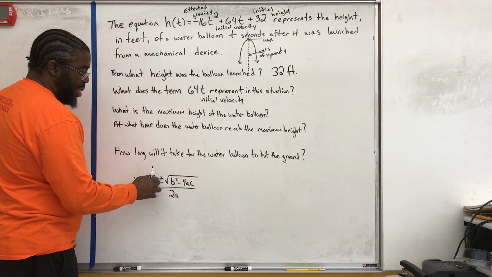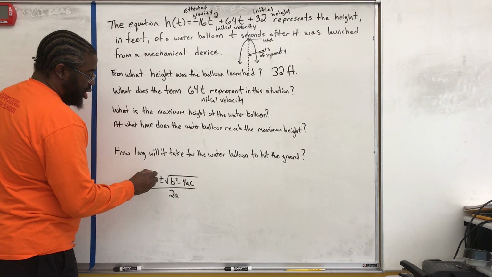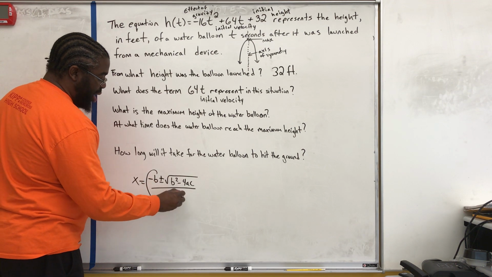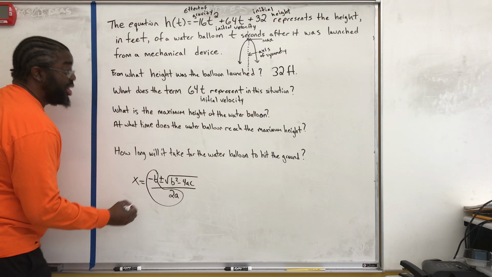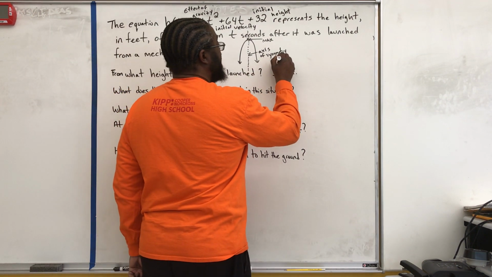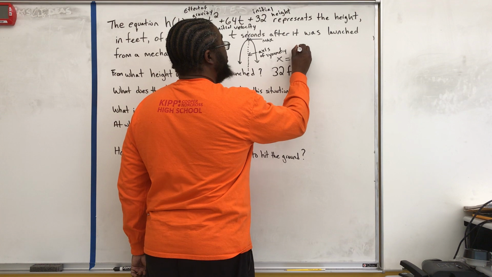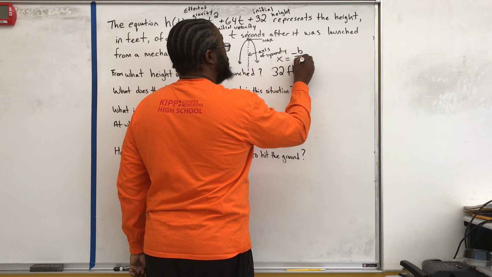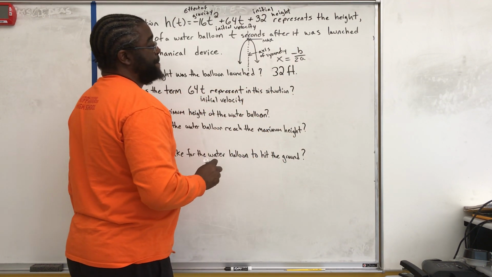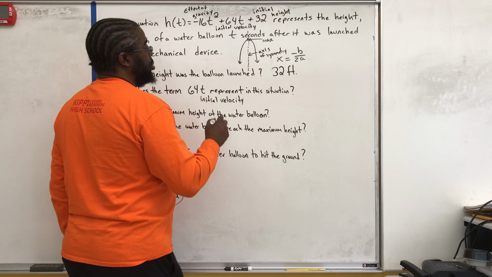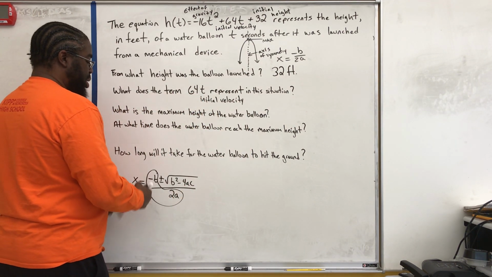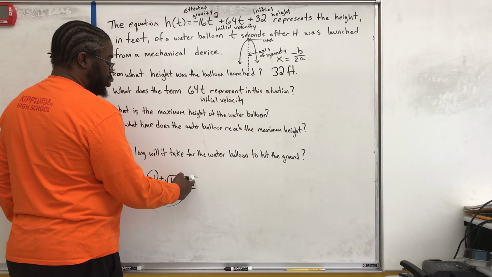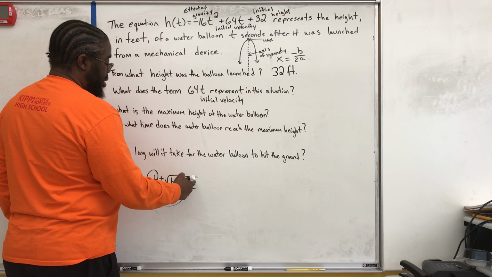So this would be where my middle is. So this part of the quadratic formula, this part right here, is called the axis of symmetry. So the axis of symmetry has a formula. It is x equals negative b over 2a. Right? So whenever you're looking at the quadratic formula, this piece tells me how many solutions I have, right?